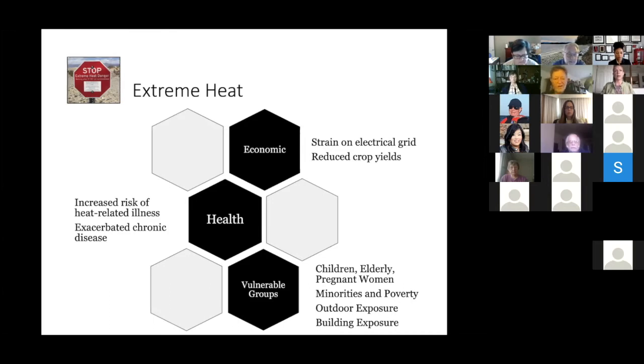In terms of the health impacts, we saw an increase in hospital visits and mortality. One thing that's a little bit different about rural areas versus urban and heat injury is that there's a larger proportion of people who end up in the hospital during heat events who are outdoor workers in rural areas.